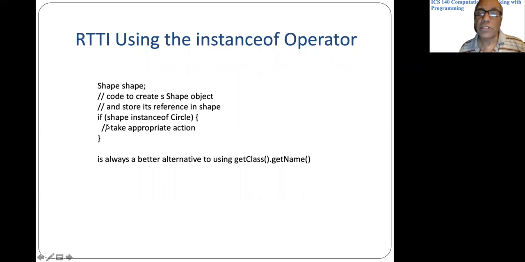But it can also be used for other types that Circle has extended or implemented, and it would return true for all of them. So the two are not quite the same. The reflection RTTI and this are not truly equivalent.